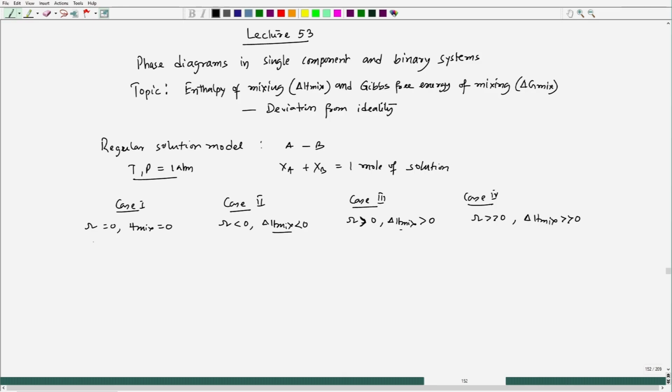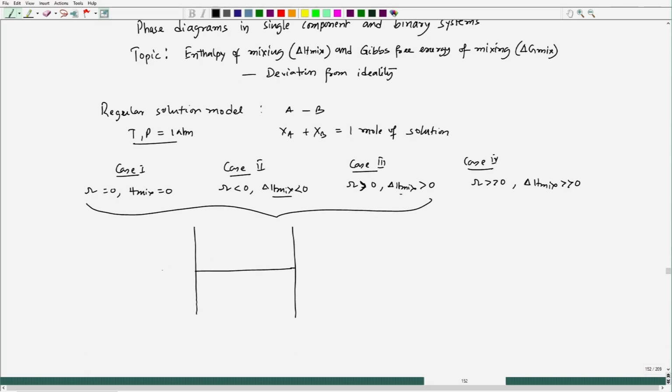And in these cases we have seen the plot of free energy, delta G mix versus composition. If you recall, this is 0, 0, x B equal to 1, x A equal to 1, and x B is varying this way.